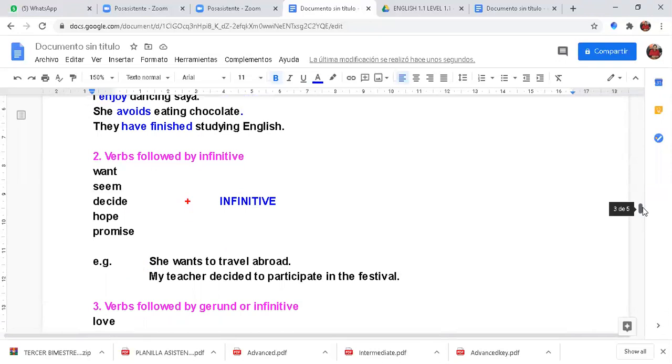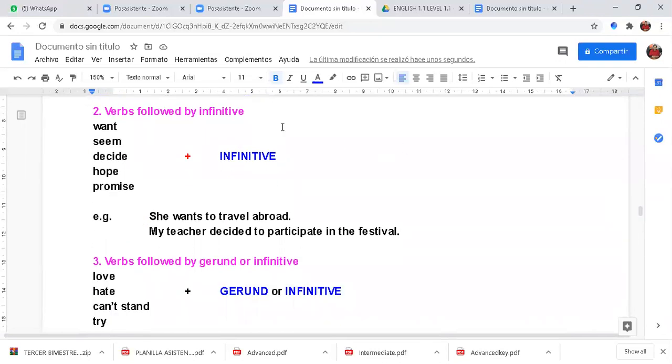Next. Also, we have the second group. As I said at the beginning, we have verbs followed by infinitive. Which ones? Want, seem, decide, hope, promise, plus infinitive. She wants what? To travel abroad. Okay, so what do we have here?